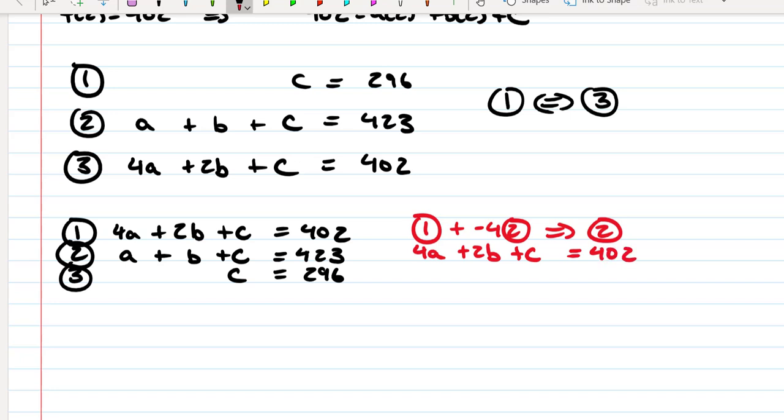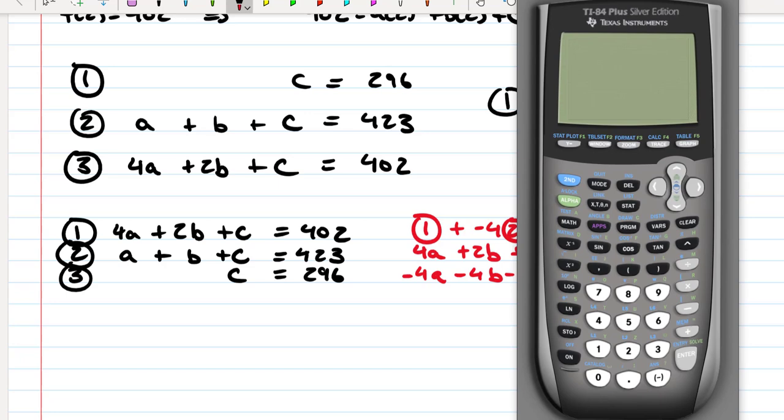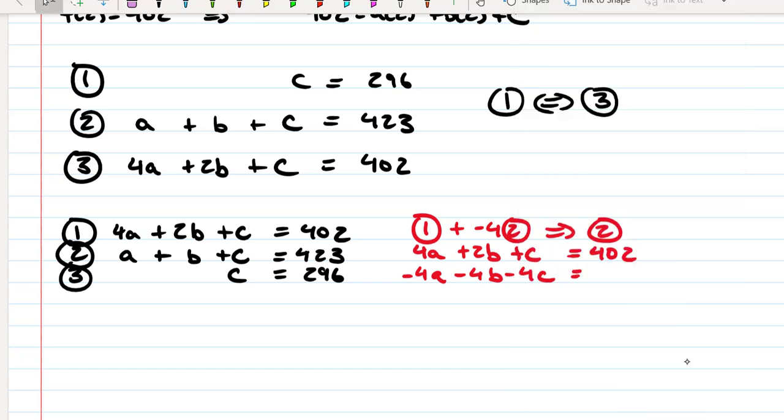If I multiply equation 2 by -4, I get -4a minus 4b minus 4c is equal to 423 times -4 gives me -1692. I add these up.